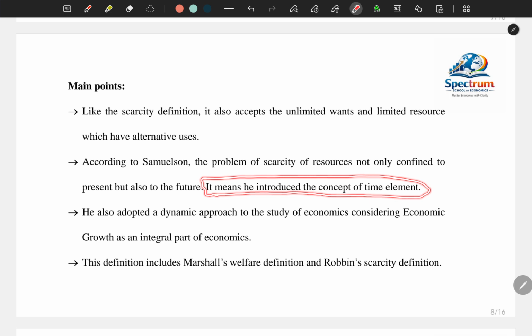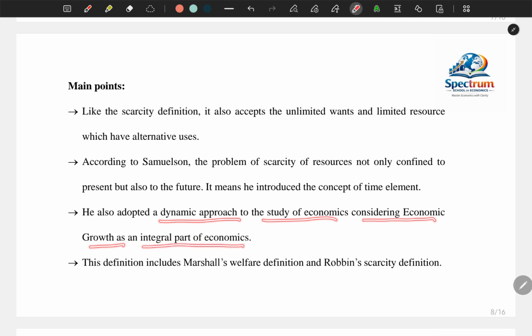He also adopted a dynamic approach to studying economics, considering economic growth as an integral part of economics. And this definition includes Marshall's welfare definition and Robbins's scarcity definition.